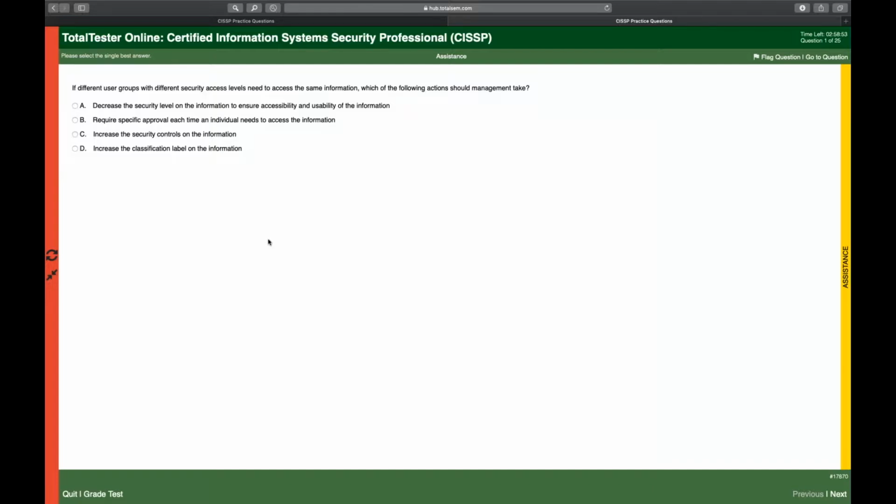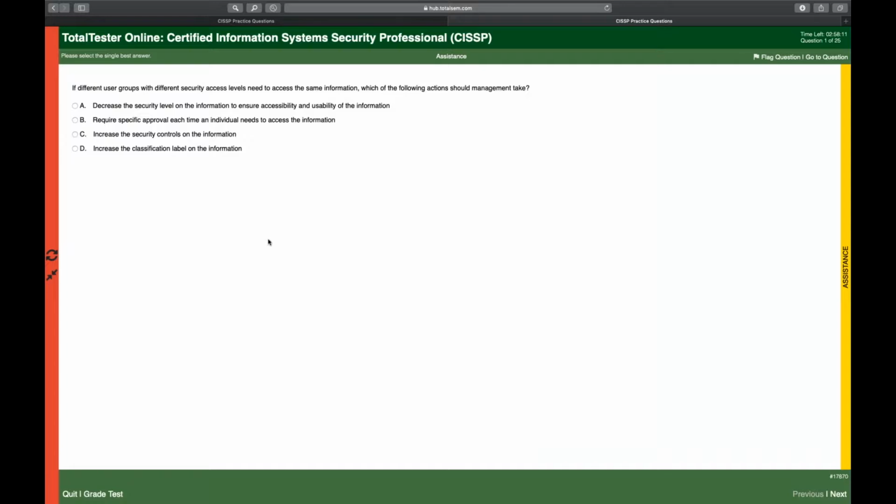Bravo. Let's see, we've got different user groups with different security access levels accessing the same information. I'm actually leaning towards Delta, increase the classification label, although I don't really like any of these, quite frankly. Another good point a friend of mine told me earlier was: don't try to find the correct answer, identify the incorrect answers.